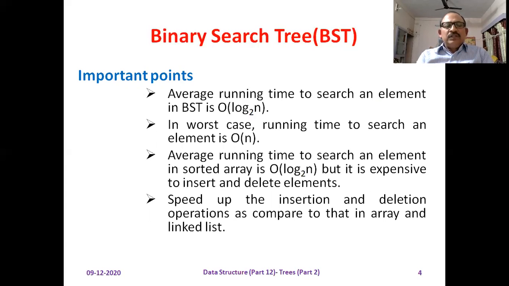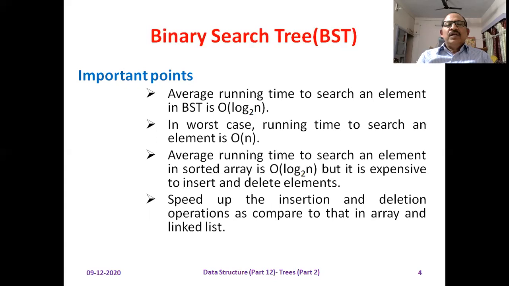It is also considered an efficient data structure compared to linked list and array, because the average running time to search an element in a binary search tree is big O of log n base 2, and in worst case running time to search an element is big O of n.